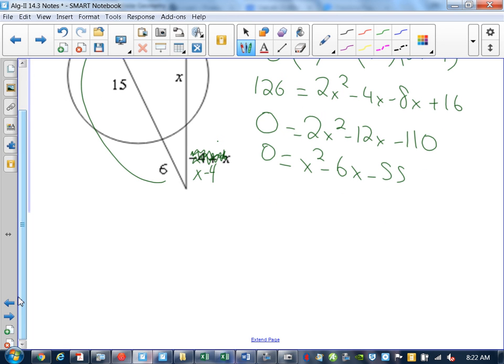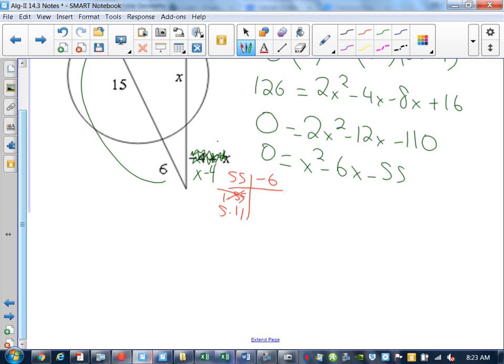And now you should probably see it pretty quickly. What times what is negative 55 that you add together to get negative 6? Your factors of 55 are 1 and 55, and 5 and 11. You have to add to a negative 6, and the 11 is the negative.